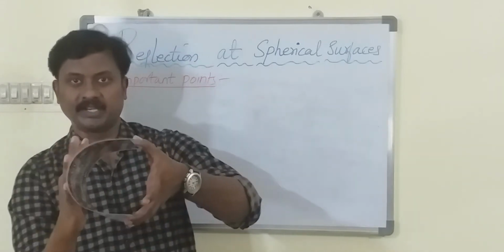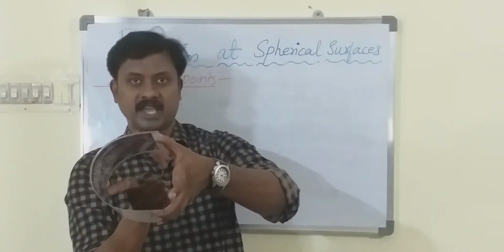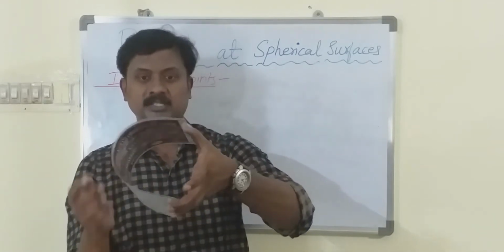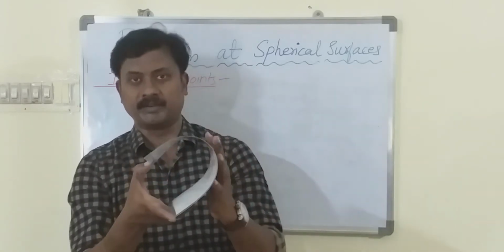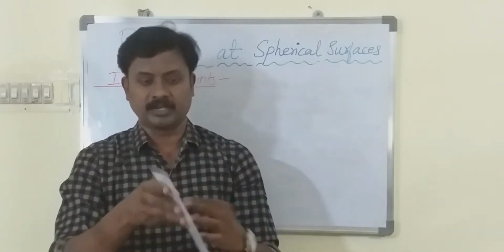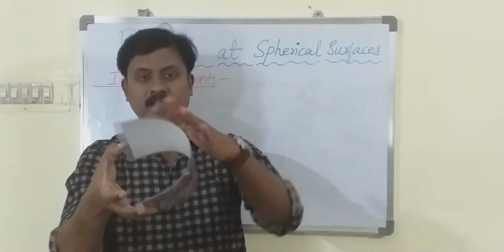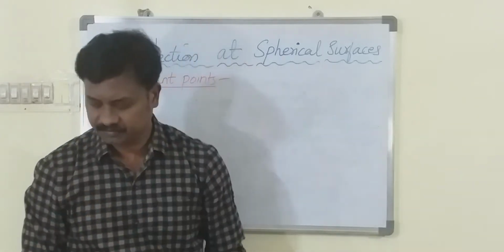Suppose if it is painted this side, convex part is painted, the concave surface acts like a mirror. Then this is called as a concave mirror. Suppose if it is like this, right? If it is painted inside and outside acts like a mirror, this is called as a convex mirror, right?